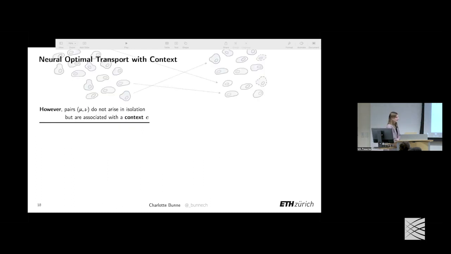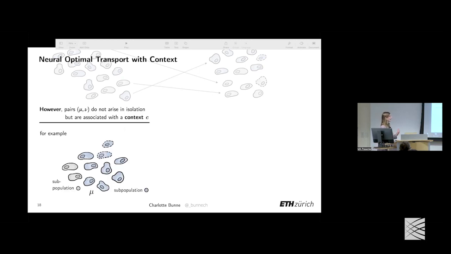What we observed in particular when working with the patients is that a pair of perturbed and unperturbed cells never arises in isolation, meaning they're always associated with some context. This could be different subpopulations or additional meta-information. I know that this is a patient who has stage 4 whatever cancer, and of course, which driver mutation they have is very important.